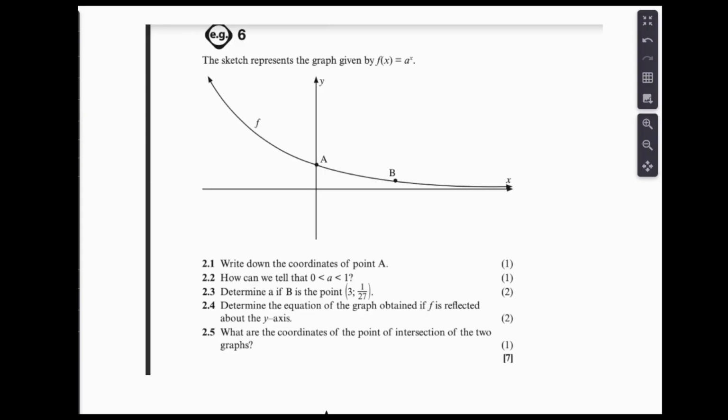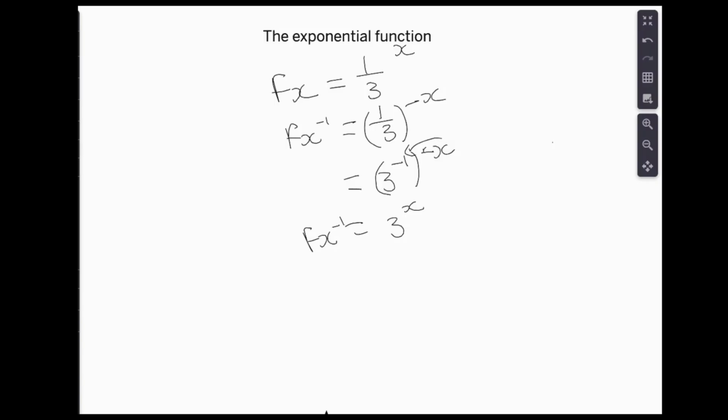What are the coordinates of the point of intersection of the two graphs? Okay. So remember, it's reflected on the y-axis. That means they will share a point there on that y-axis.